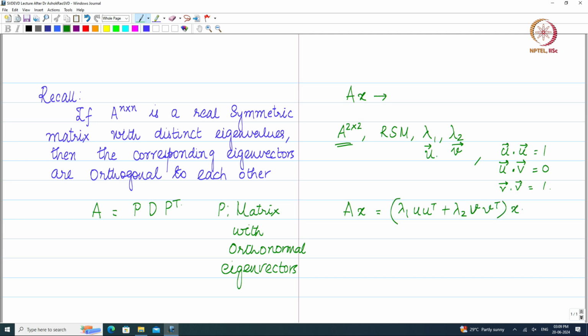What we said was that the action of A on the vector x is basically to project the vector x onto two orthogonal axes and scale them. What is interesting here is that you can take any two orthogonal, or let's say orthonormal, vectors u and v.